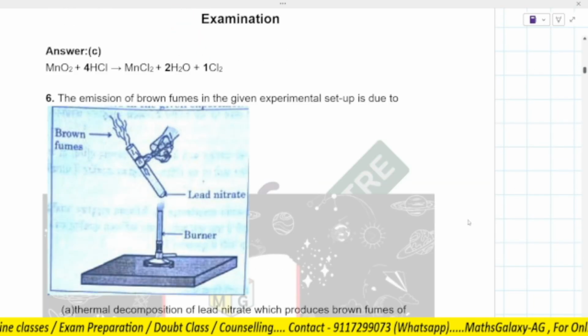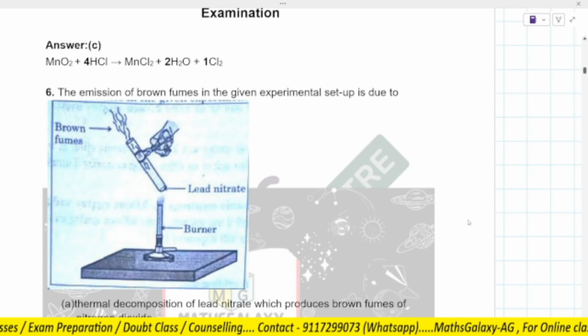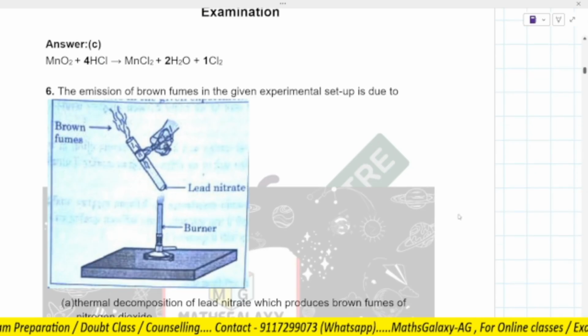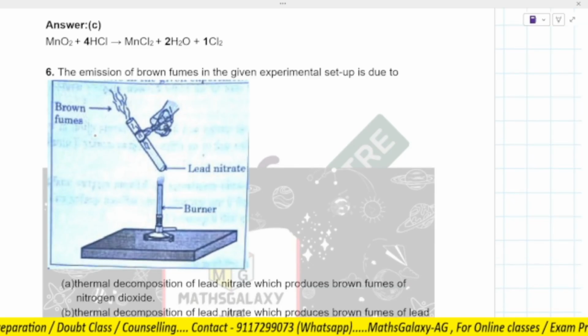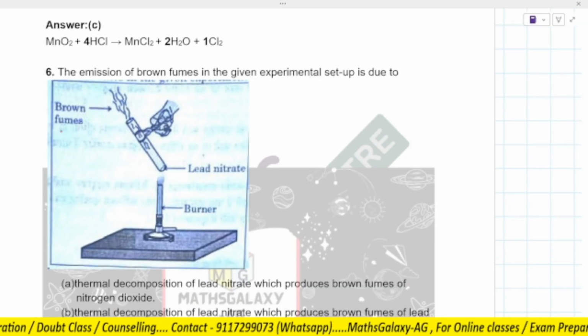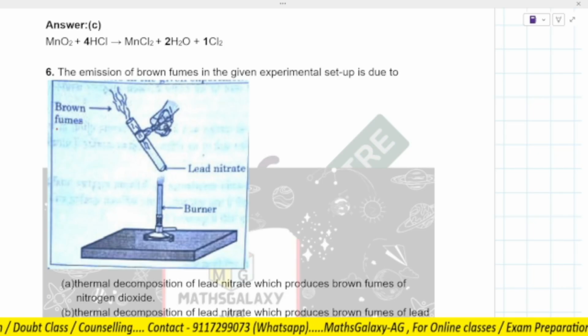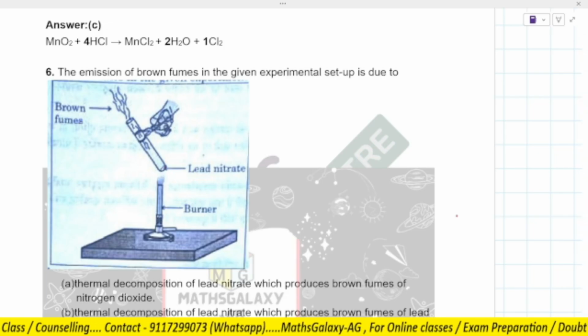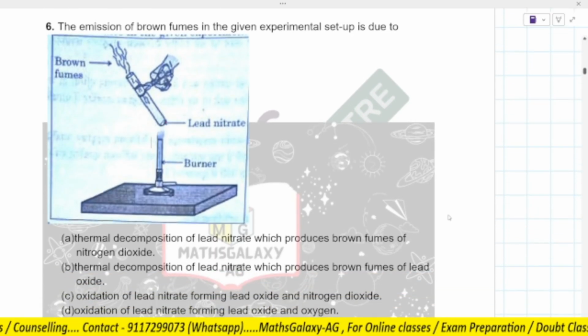Now let's see here. The emission of brown fumes in the given experiment setup is due to, as you can see here, brown fumes. Lead nitrate is here and this is the burner. So what will it be?